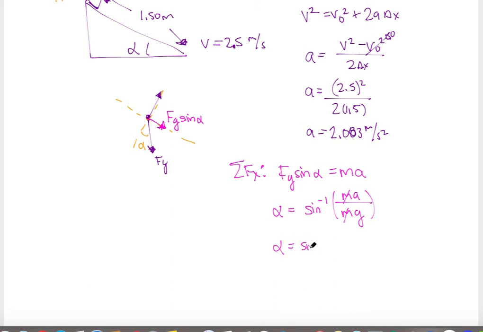So plugging this in, I have the arc sine of 2.083 over 9.8, with the meters per second squared canceling out. And so I get an angle of approximately 12.3 degrees. So that's the angle that this ramp is at.